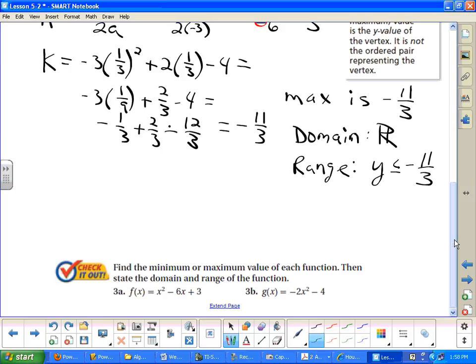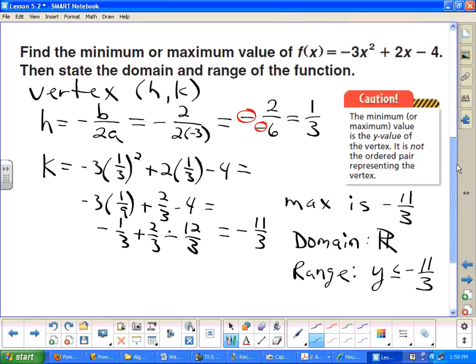All right, take out your calculator. Plug that in your y equals. This function.